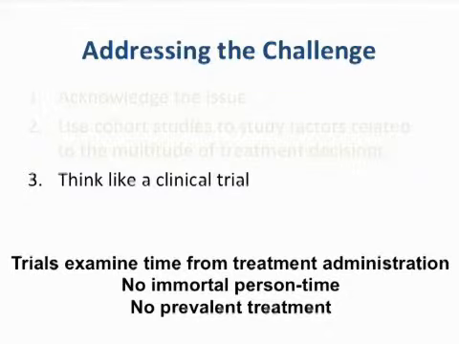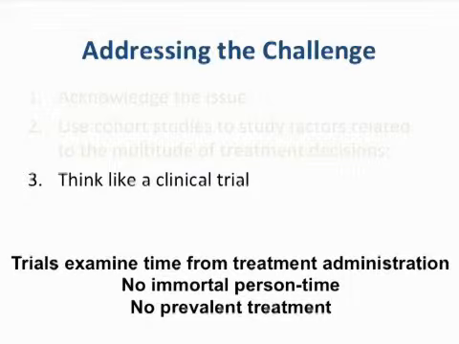This relates to the idea that when we do a clinical trial, and we're going to simplify it to treatment versus placebo, we don't take people who've just been on the treatment for however many years. Right? We have a point of randomization, and you either initiate and start taking the therapy, or you get assigned to another arm. And methodologically, this brings up the idea that there aren't people who are on prevalent treatments.